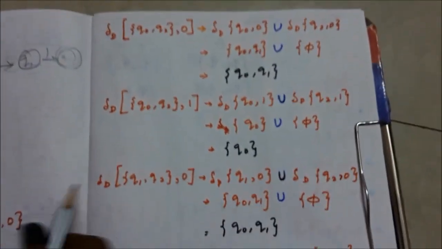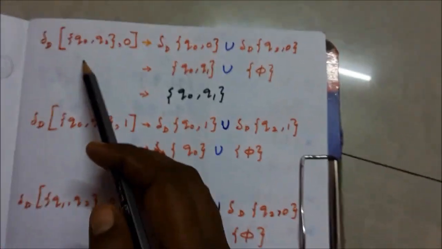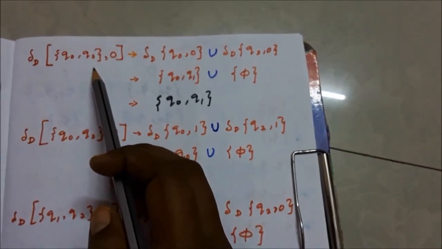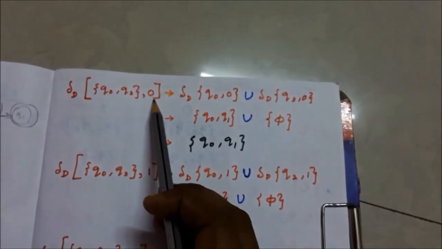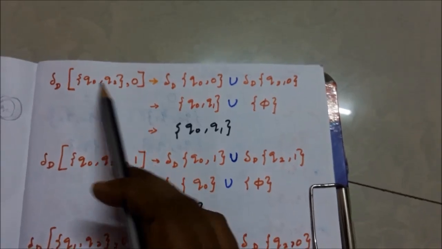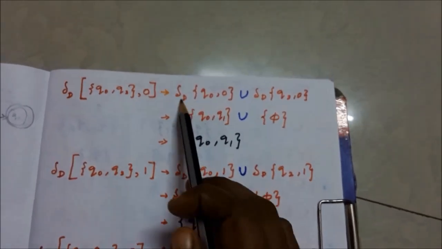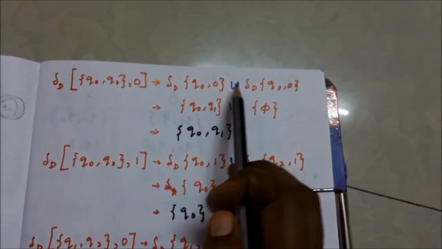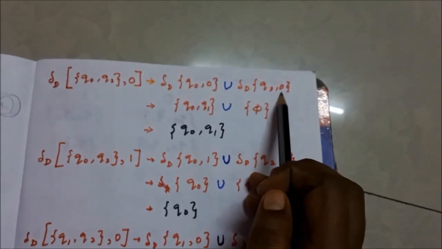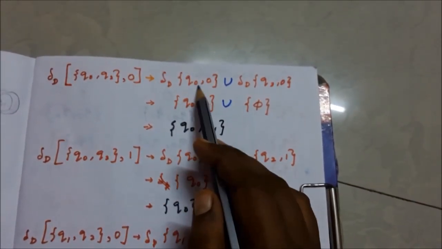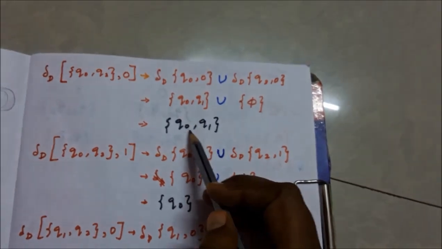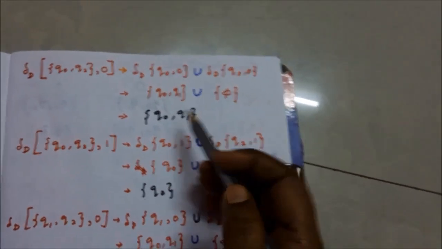The same thing we can follow for the next new state, that is Q0 comma Q2, with the input symbol 0. If we take Q0 comma Q2, we can split it into Q0 comma 0 union of Q2 comma 0. So if we find the transition function individually, we will get Q0 comma Q1.